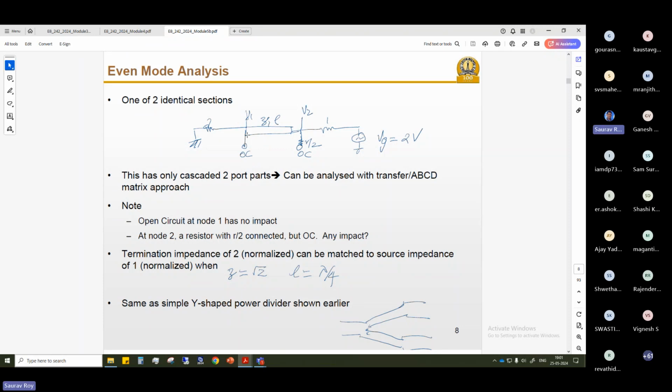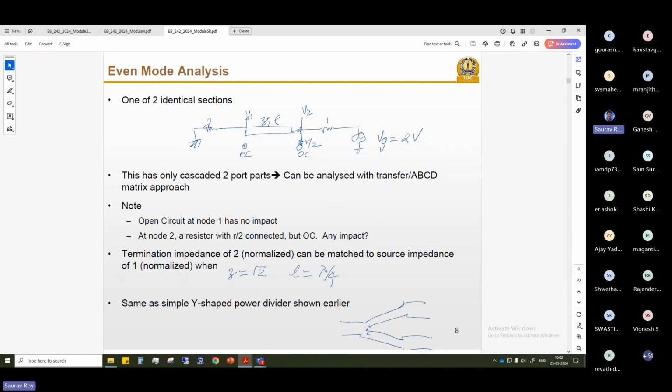So now, the termination impedance of port 2, if you have to match, right? At port 2 here, where VG equals 2 voltage connected, you have to make 50 ohm, right? 50 ohm only means matching.